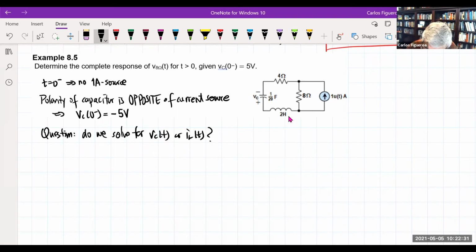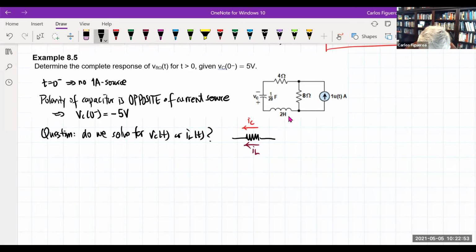What determines this, believe it or not, is that 4 ohm resistor. Because if I look at that 4 ohm resistor, there's two things that I can look at. Do I want to look at the current of the capacitor, or the current of the inductor?